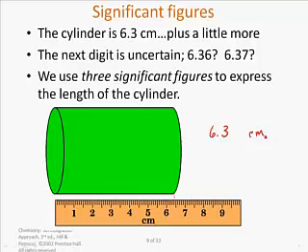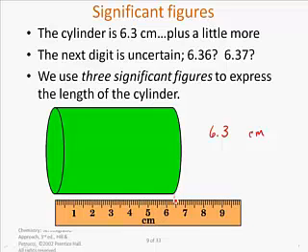But then we are allowed to estimate in between that smallest increment. And the way that we do that is by visually dividing the space between the marks into 10, and then trying to estimate about how far between those marks the object I'm measuring goes.